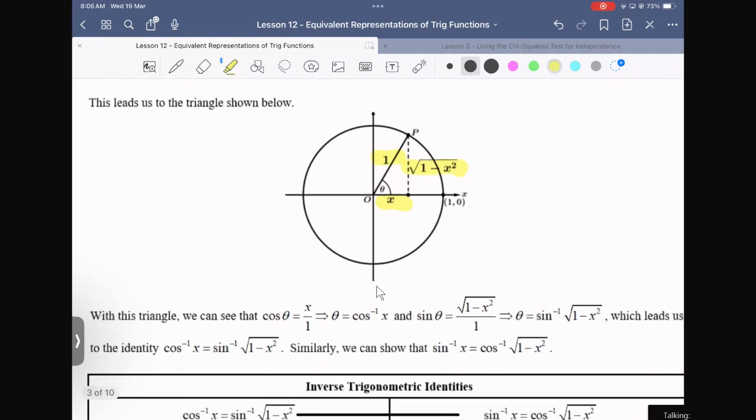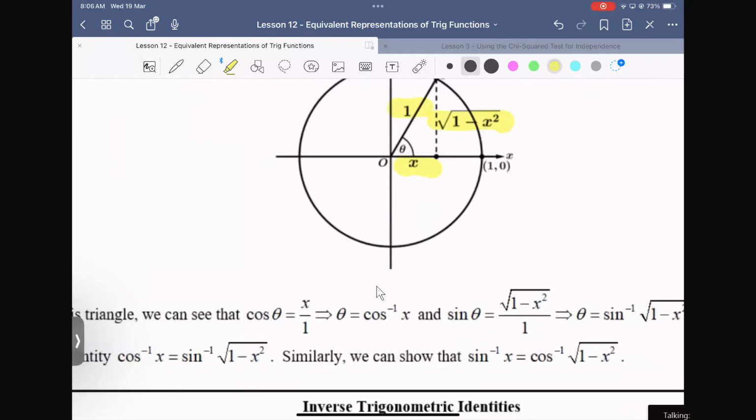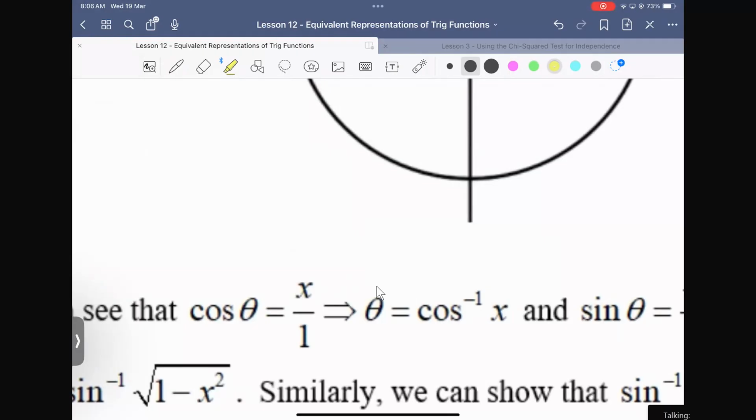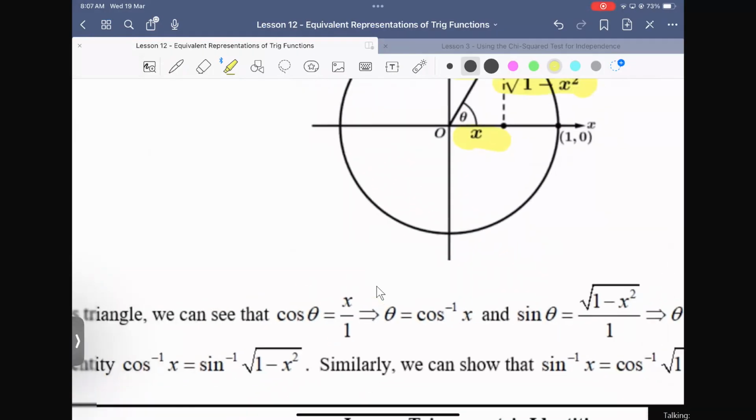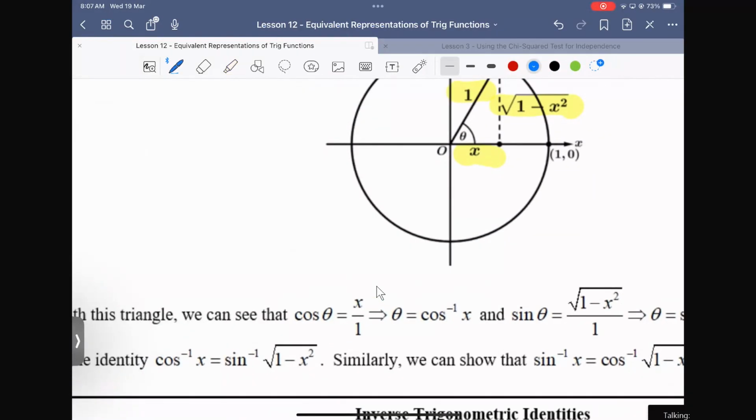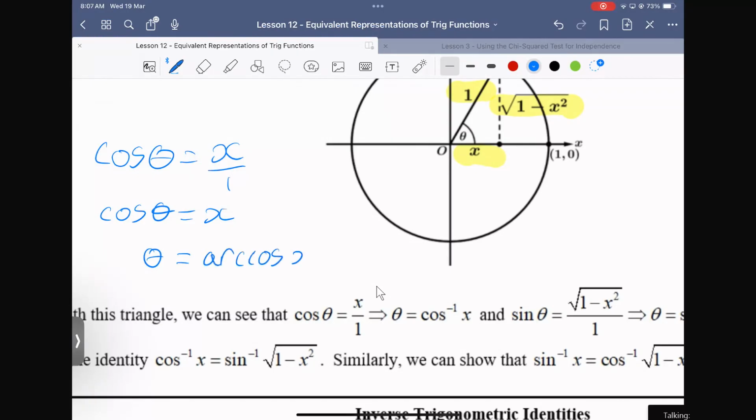So then, if we say that the cosine of theta is equal to the adjacent over the hypotenuse, then that simplifies to the cosine of theta is equal to x. If we take arc cosine on both sides, we will get theta is equal to arc cosine of x.